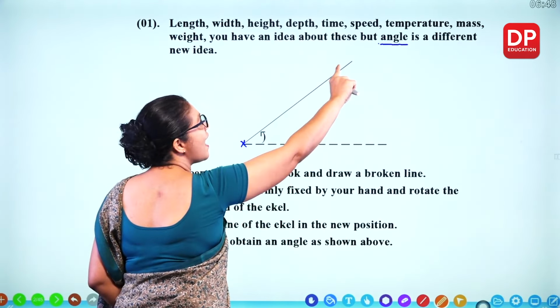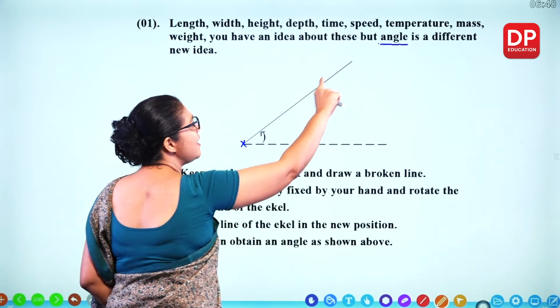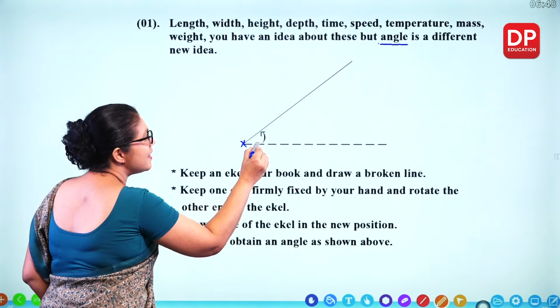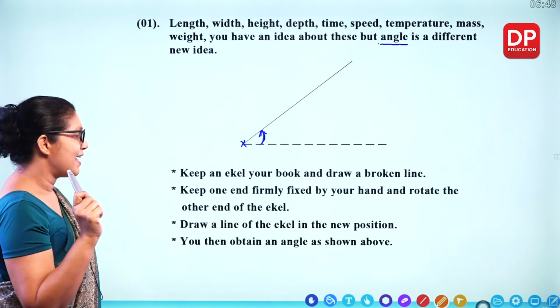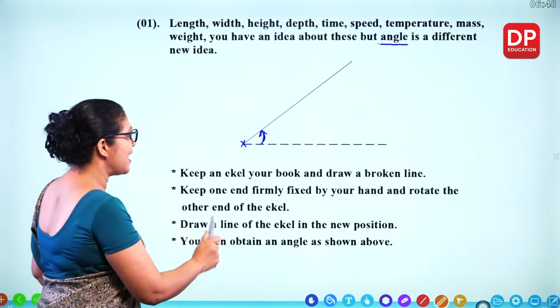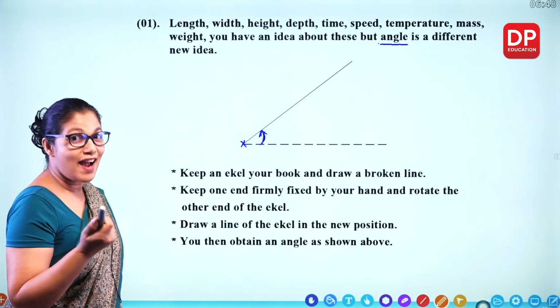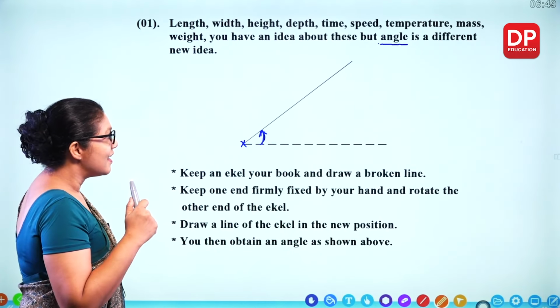So this is the line you are getting after you rotate this one. So you get this part is called the angle. So what is an angle? The amount of rotation. So we'll see how we define angles more.